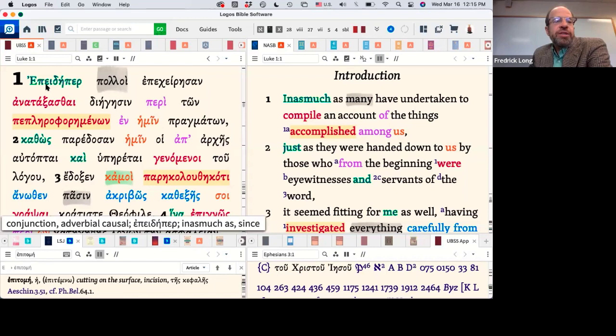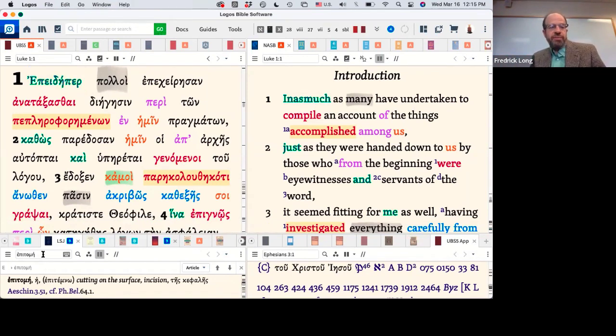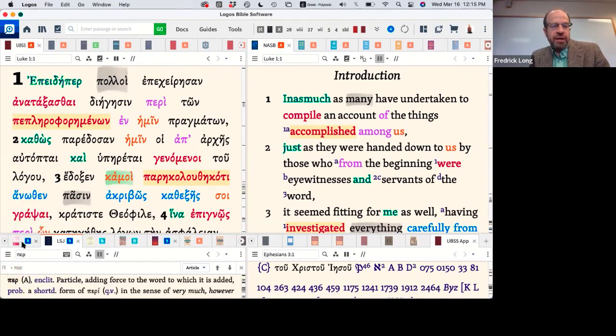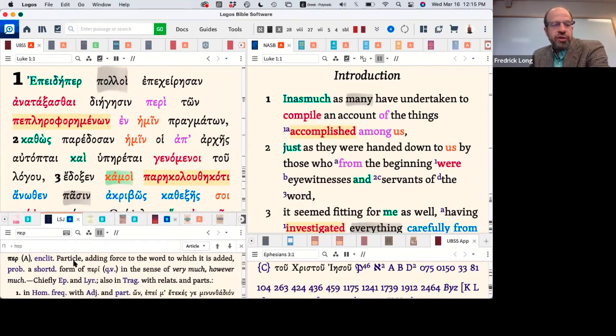You might be able to get epei. Epei is what you might learn. So actually, this conjunction is jacked up because it has two additional morphological elements, the de and then the per. Now, per is really fun because you could look up per in our lexicons. Here I have LSJ open, Liddell Scott Jones, the standard classical lexicon.